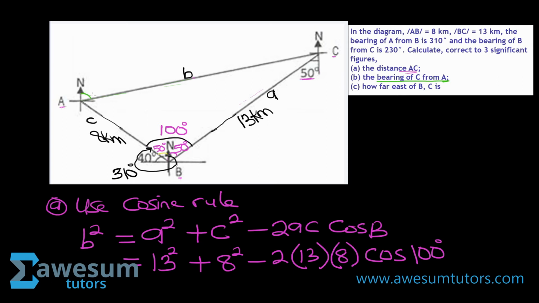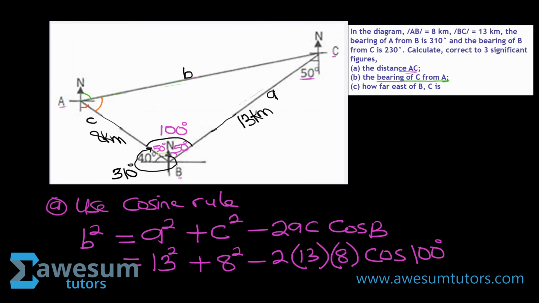Now for me to be able to get this, there is one thing I see that we need first. Take a look at this. If I can get this angle right here, and also this angle right here, this angle, which is the bearing of C from A that we just drew, and this angle, and also this angle, they form angles on a straight line.